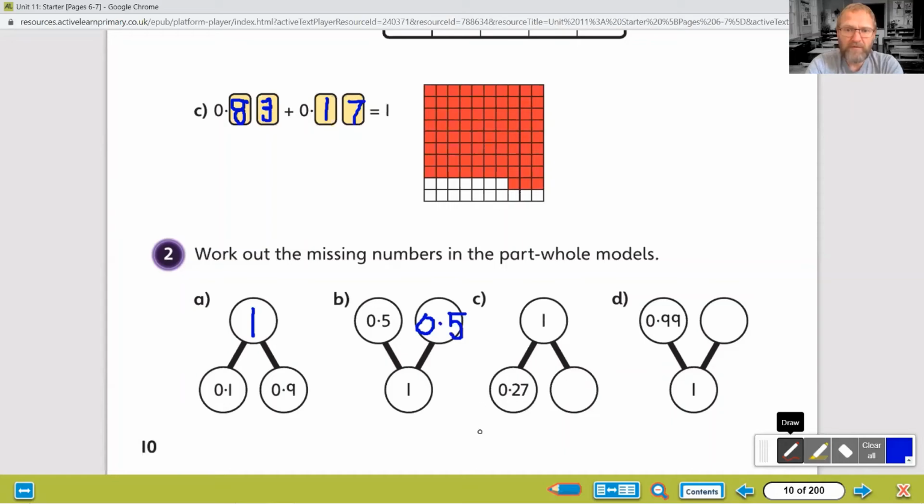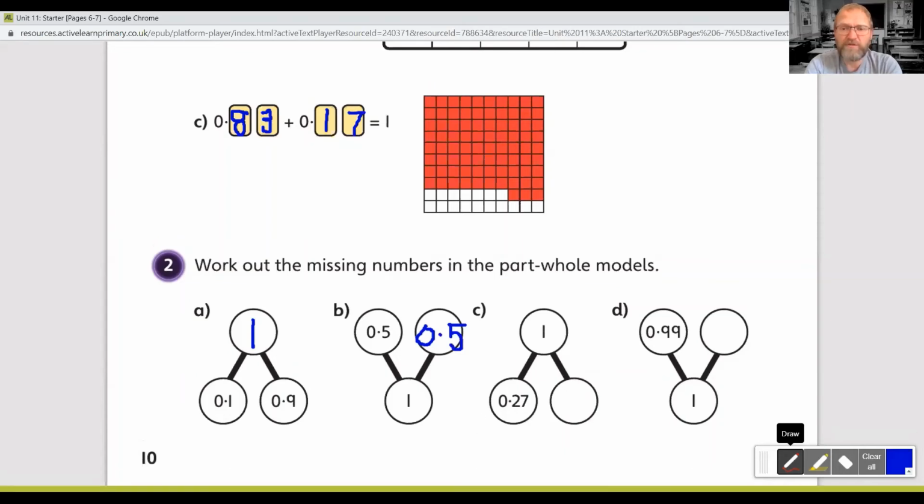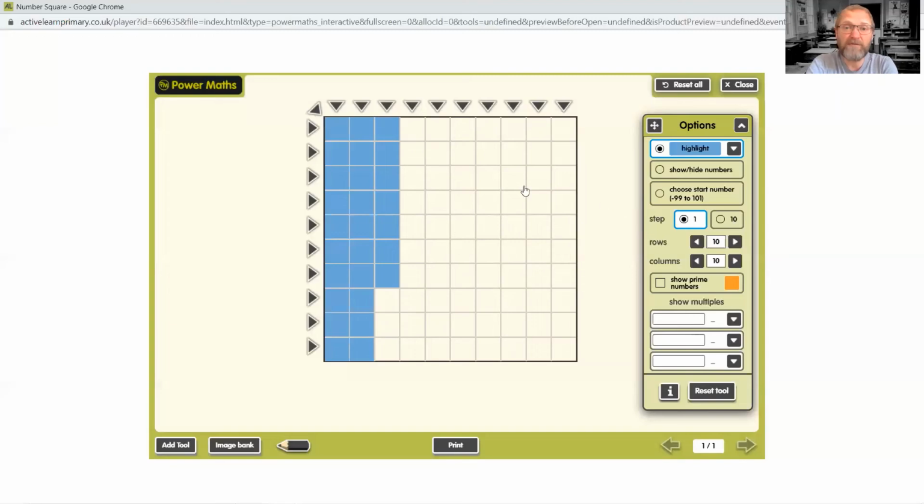Right, a little bit more complicated again now because we've got our hundredths. Okay, so we've got 0.27. What would I add to that to make 1? So here we've got 0.27. That's 2/10, so 2 whole sticks, and 1, 2, 3, 4, 5, 6, 7 hundredths. So what do we add to this to get a whole? Well, we're going to add the tenths first.